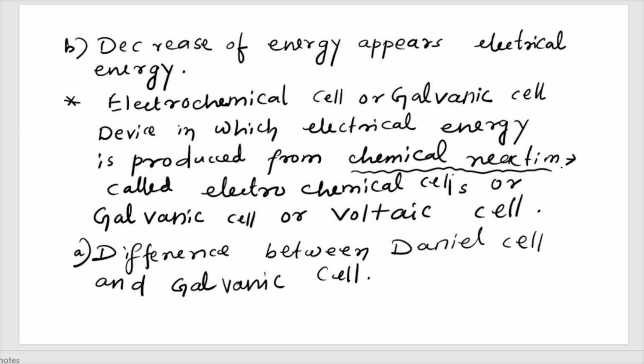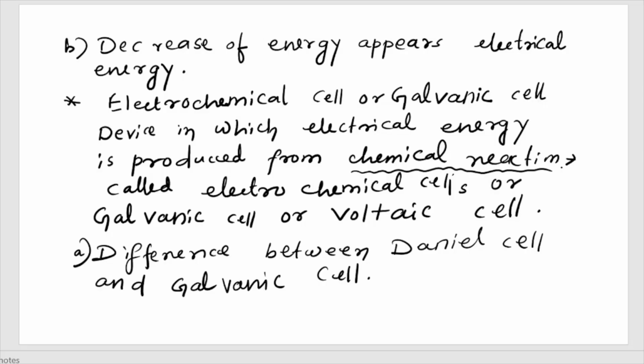You can also say galvanic cell or voltaic cell. That means here electrical energy is produced.